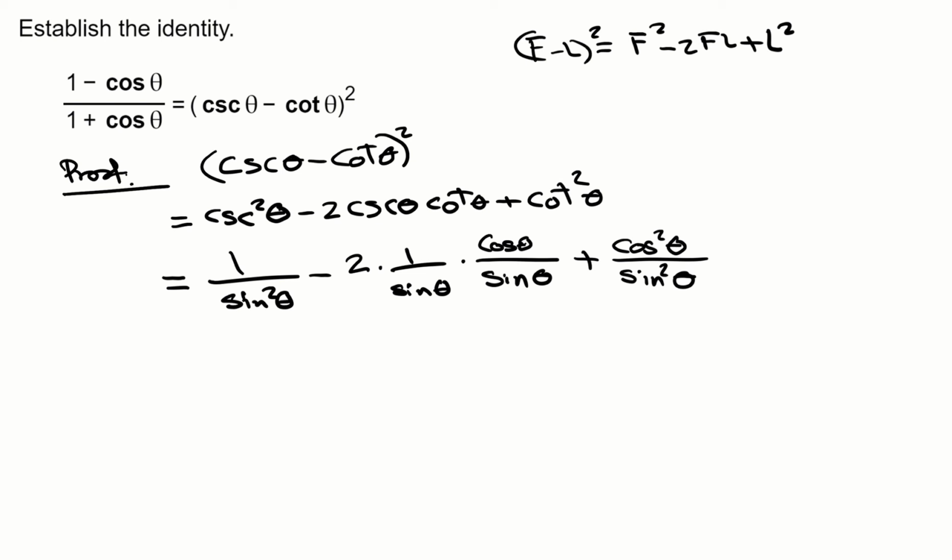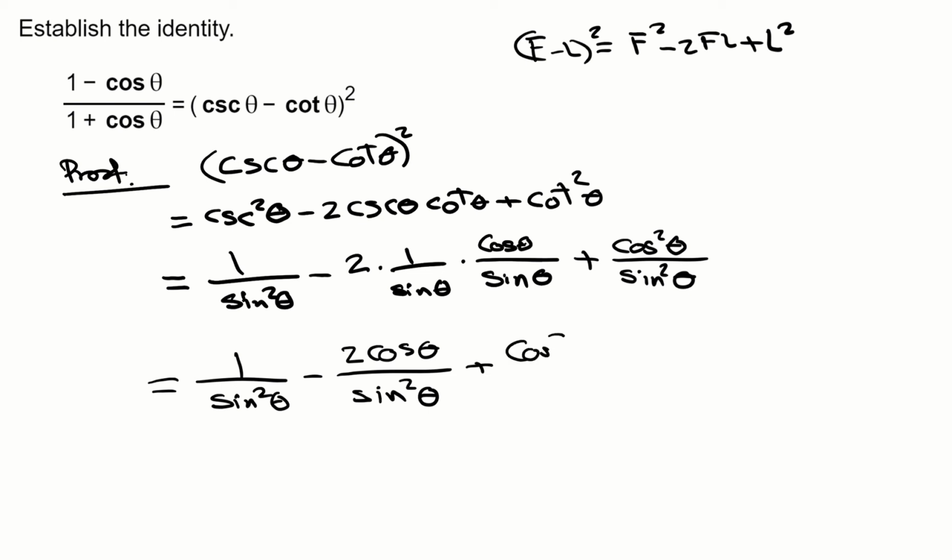So now as we continue to simplify, we'll get 1 over sine squared theta minus 2 cosine theta over sine squared theta plus cosine squared theta over sine squared theta.